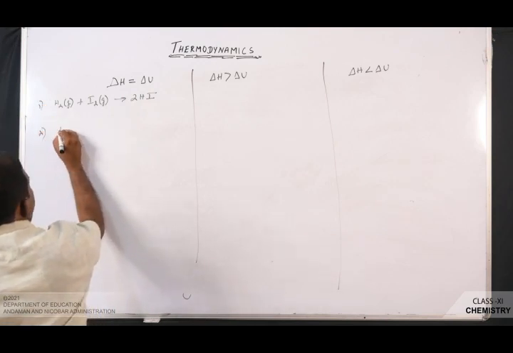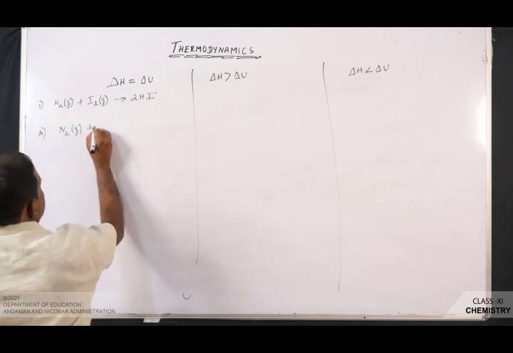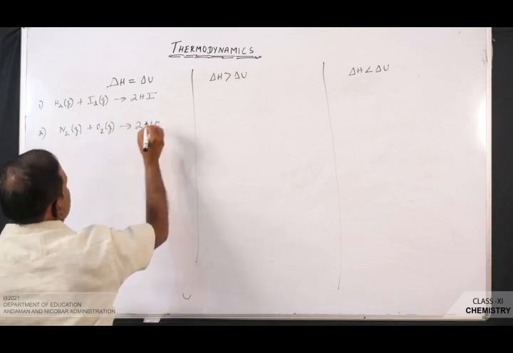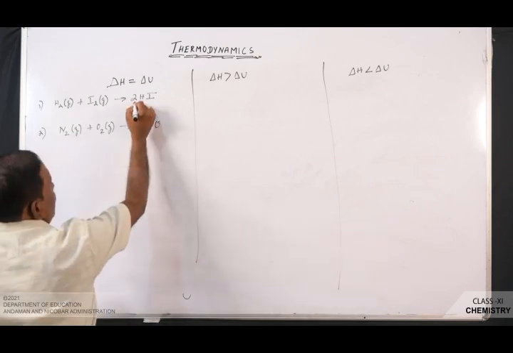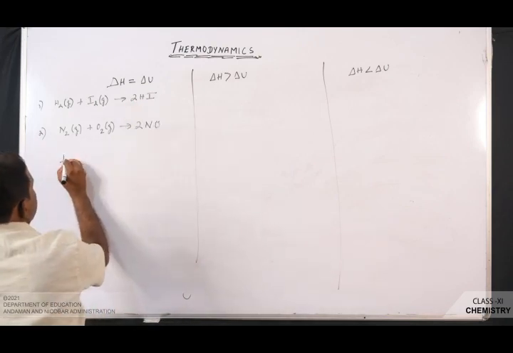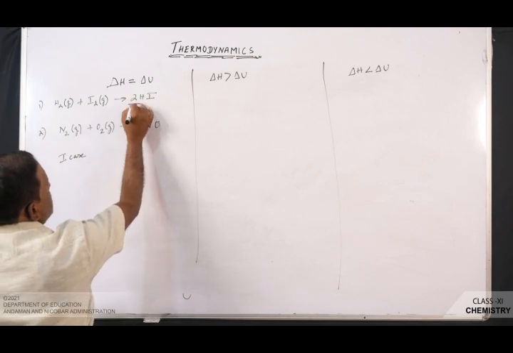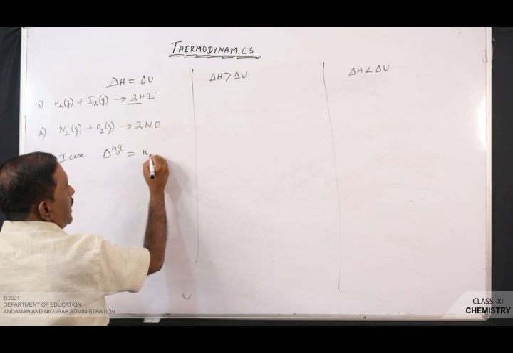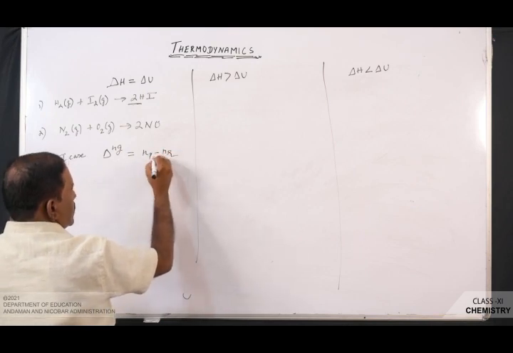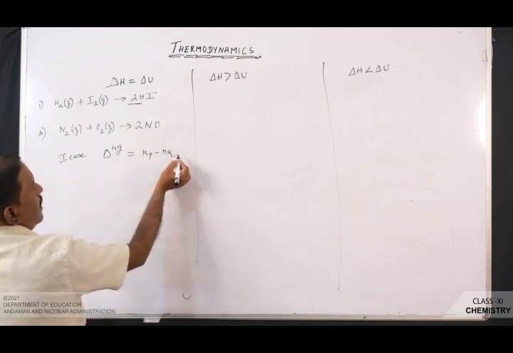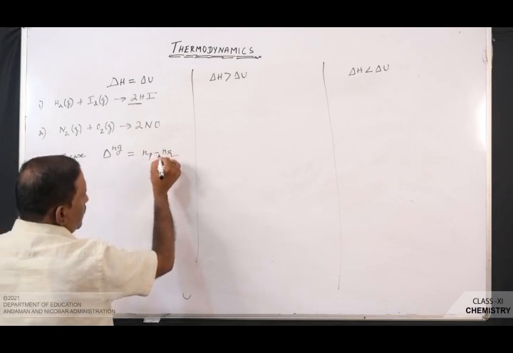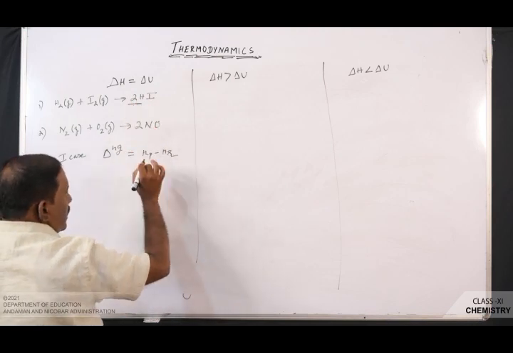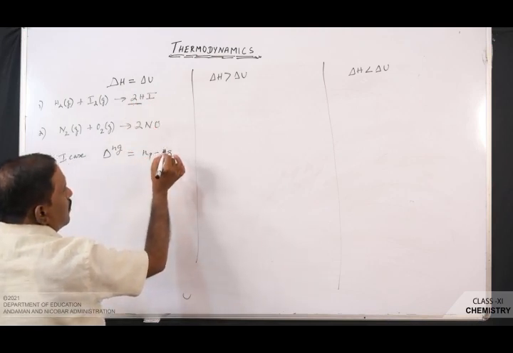Similarly, N2 gas plus O2 gas gives 2NO. So here in the first case, we know delta Ng is equal to Np minus Nr, that is the number of moles of the product minus the number of moles of the reactant.